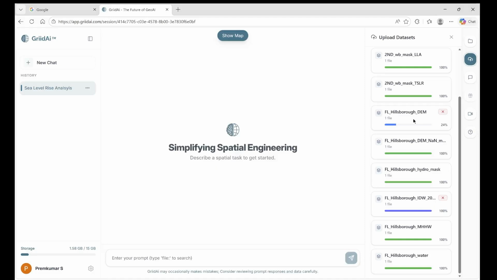Basically this IDW file has been developed from the gridded points that we got from NOAA, where they are adapted to SSP models. The SSP models vary from intermediate high, intermediate low, and high also, and there are low scenarios also. Basically, these are the different shared socio-economic pathways.